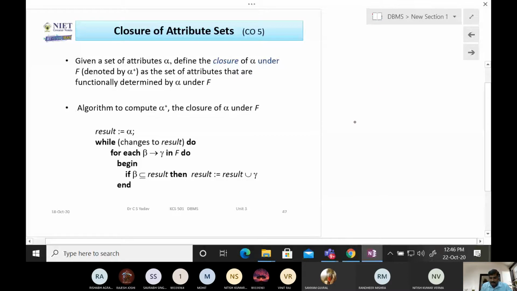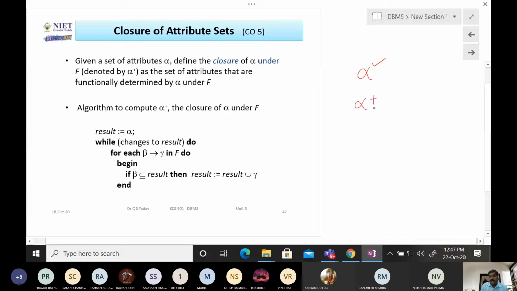Suppose alpha is a set of attributes. Alpha is not an attribute but a set of attributes. Then the closure of this set of attributes is denoted by alpha plus. Closure of an attribute set alpha means the set of all the attributes which are determined by this attribute set alpha.